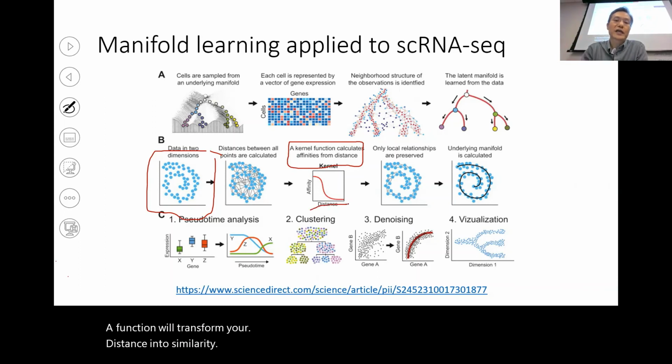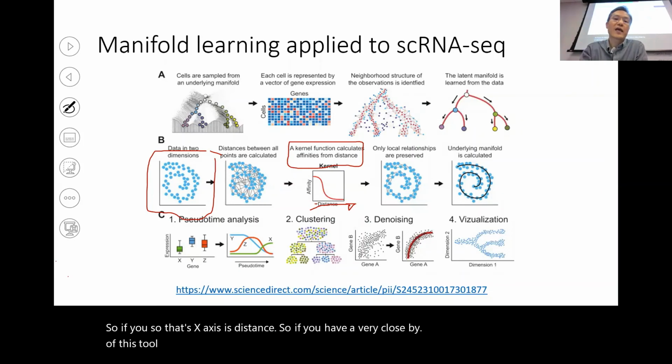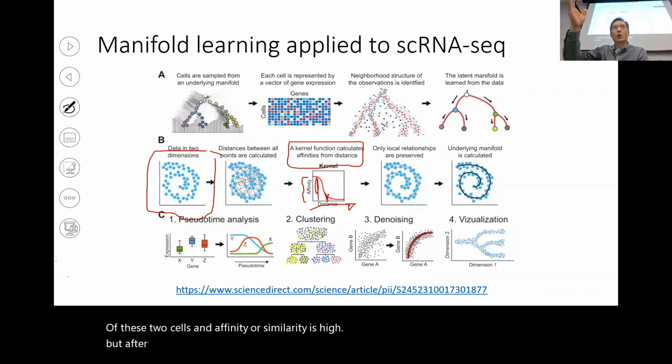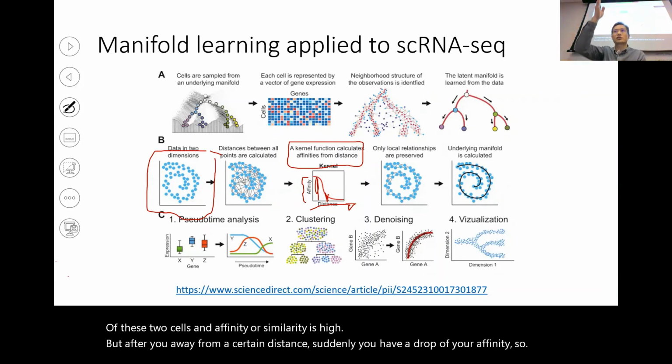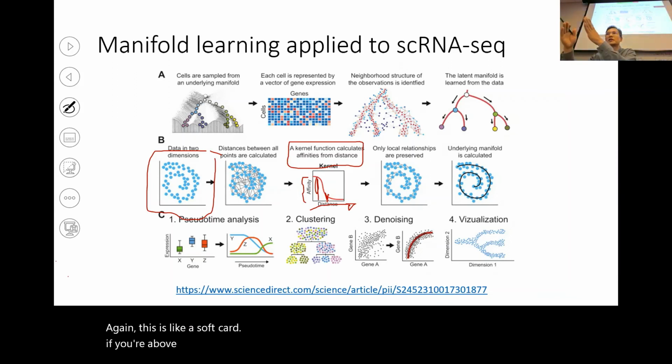So the x-axis is distance. If two cells are very close by, the affinity or similarity is high, but once you're away beyond a certain distance, suddenly you have a drop in affinity. Again, this is like a soft cut. If you're above this threshold, your affinity becomes really low.